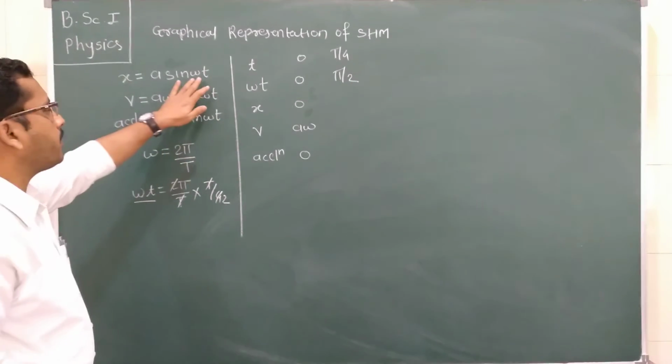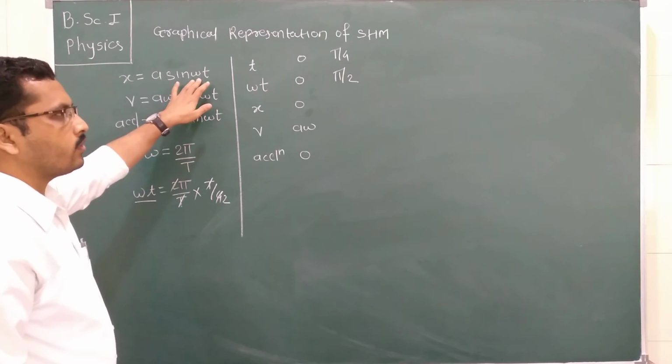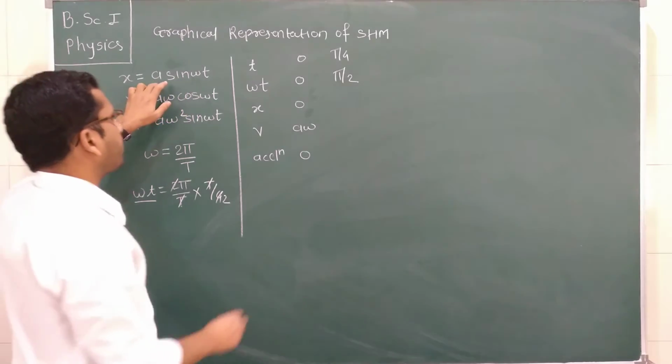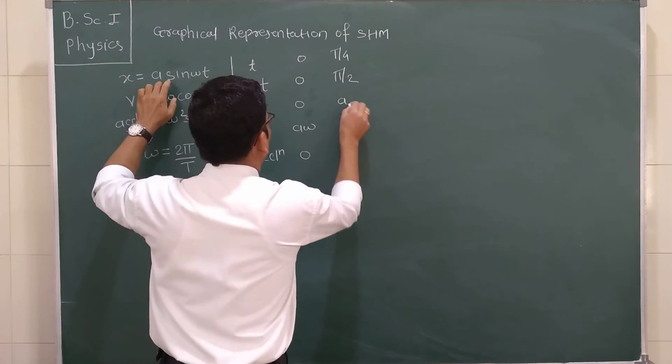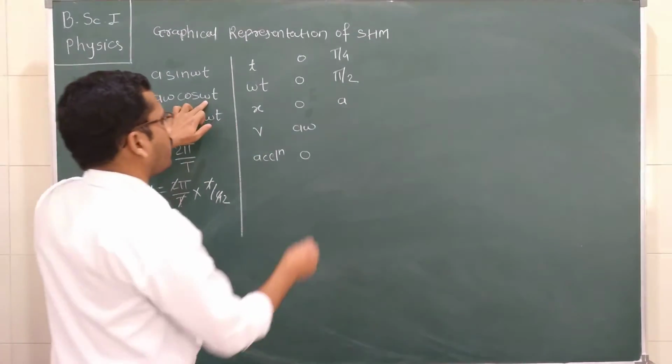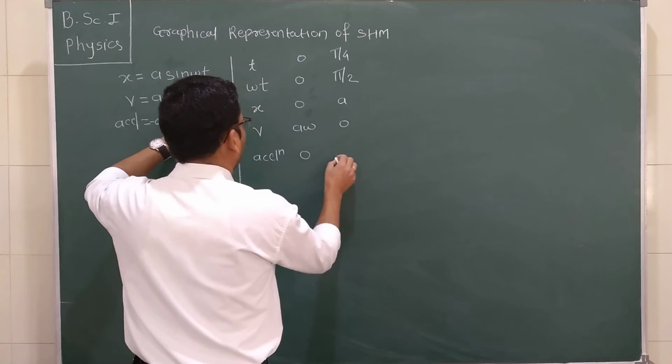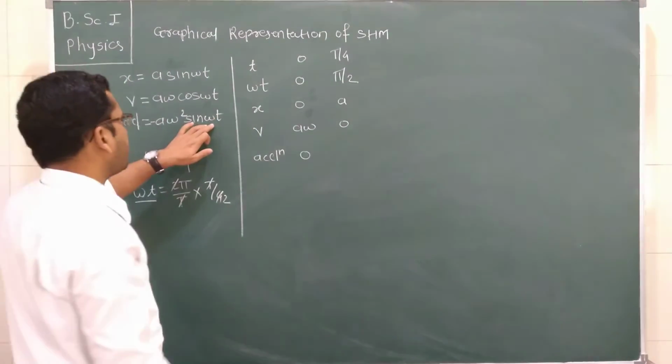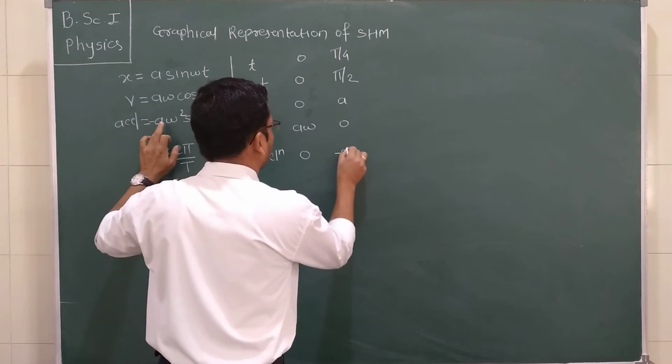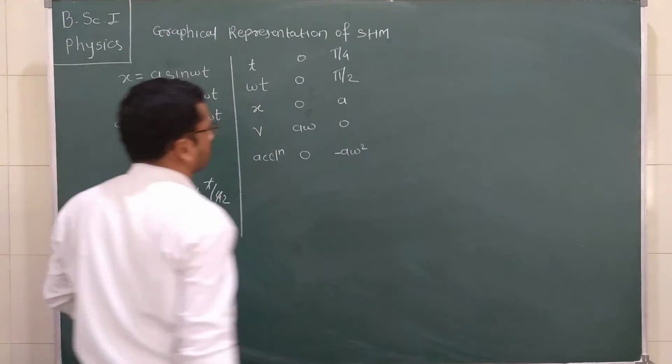And what is sin pi by 2? Sin pi by 2 is equal to 1, so it is 1 multiplied by a, so we can write here a. Cos 90 is equal to 0 and sin 90 again is equal to 1, so we can write here minus a omega square.